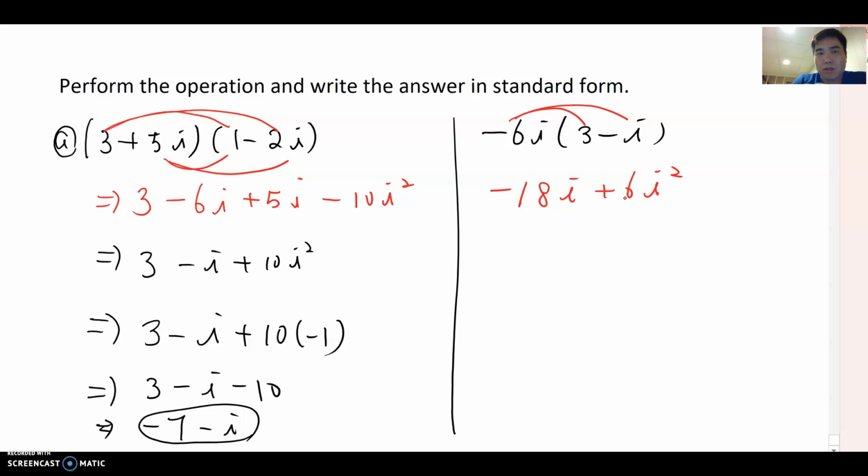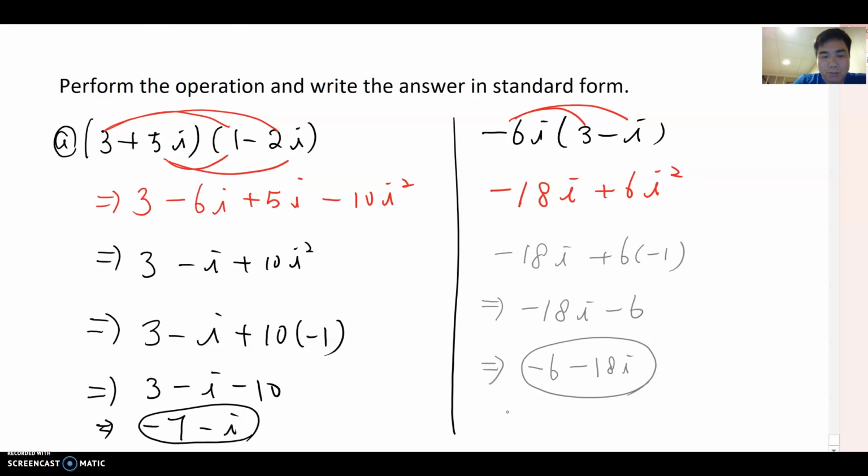Then this becomes negative 18i plus 6 times negative 1, right? So it becomes negative 18i minus 6. Just to make a complex form, which is a plus bi, in other words the real number plus the imaginary number, it becomes negative 6 minus 18i.